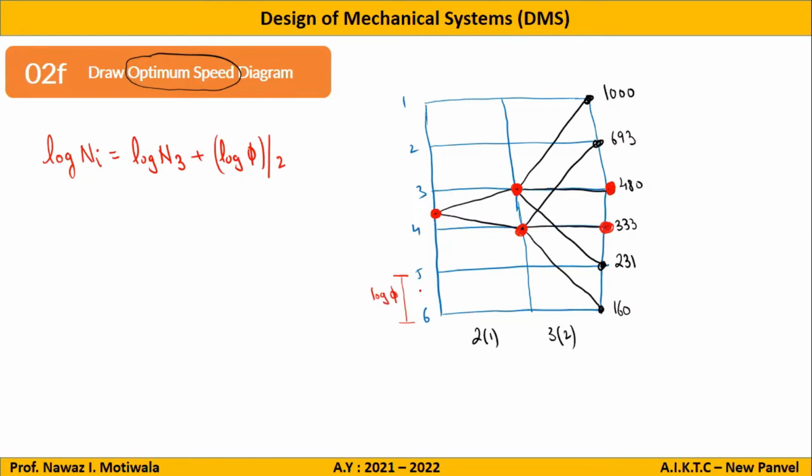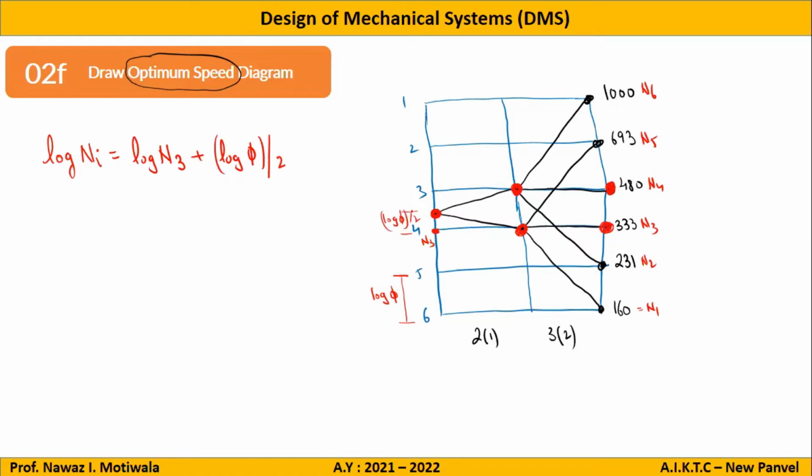Now you can see that this is my N1, N2, N3, N4, N5 and N6. If this is N3, this is also N3 on the same shaft. For this one, number 4, it should be N3 plus, and because it is exactly at the half, I will write log of phi divided by 2.